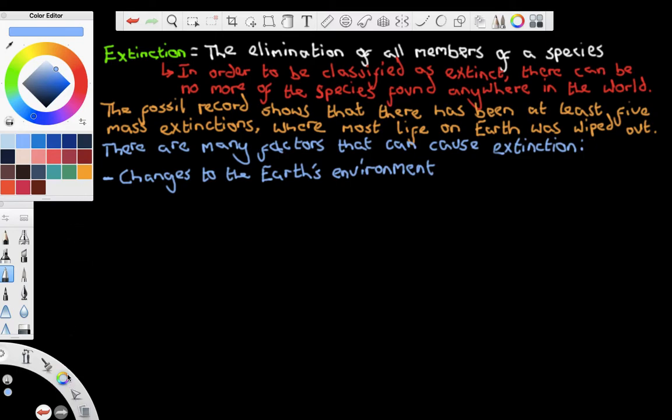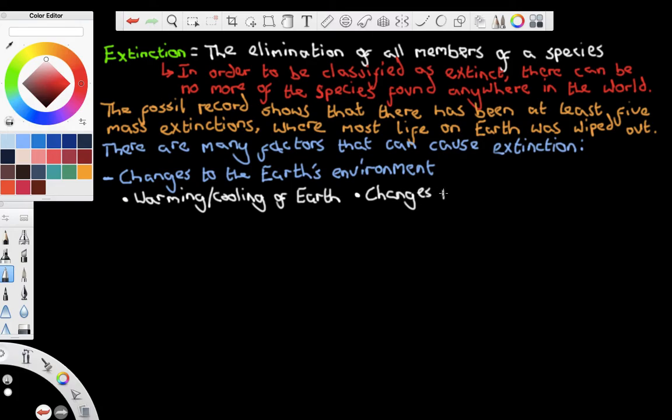So we can say underneath here that these include the warming or cooling of the Earth. It includes changes in the seasons or ocean currents.